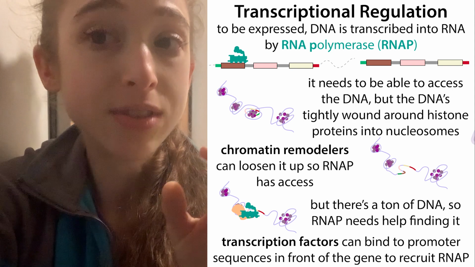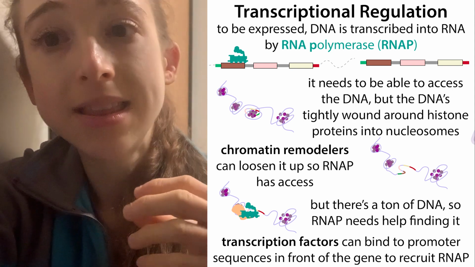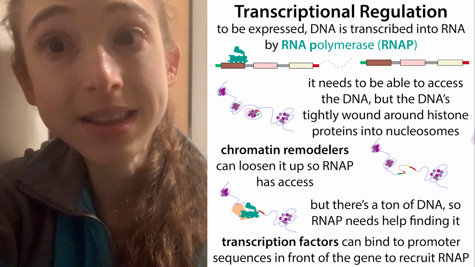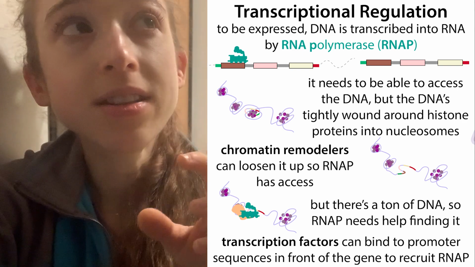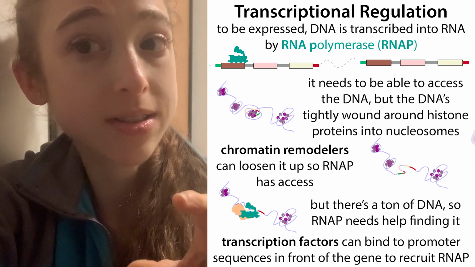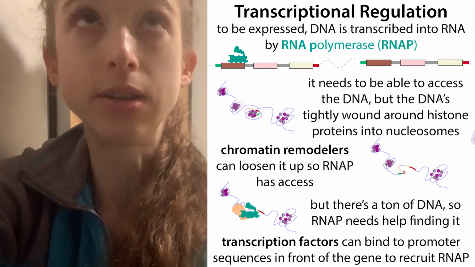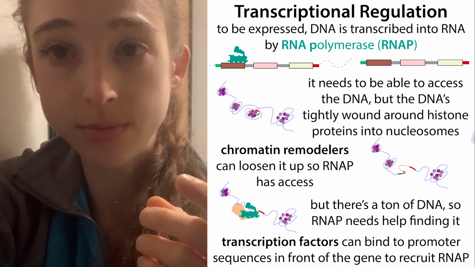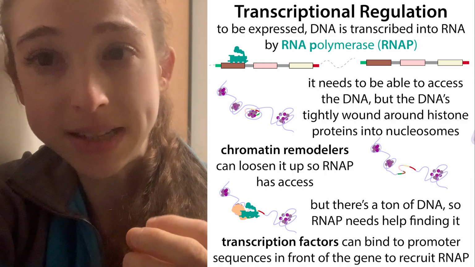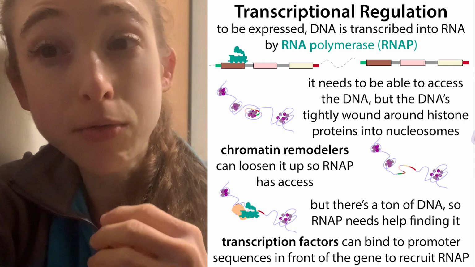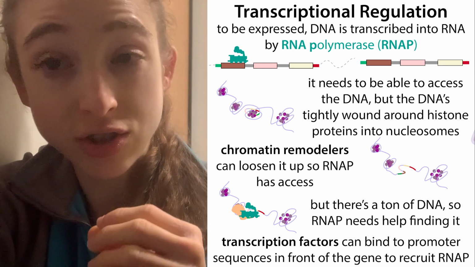It's not that there's a single transcription factor that works for every protein, or that a single protein has just one transcription factor. Instead, it's kind of mix and match. A protein can be regulated by a variety of transcription factors.